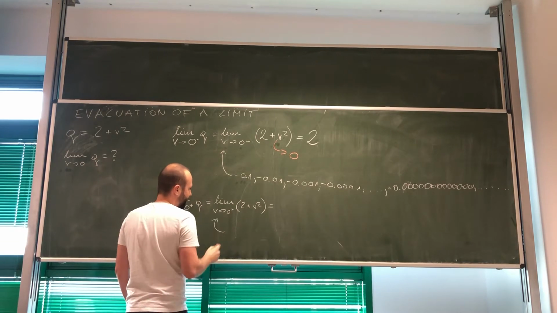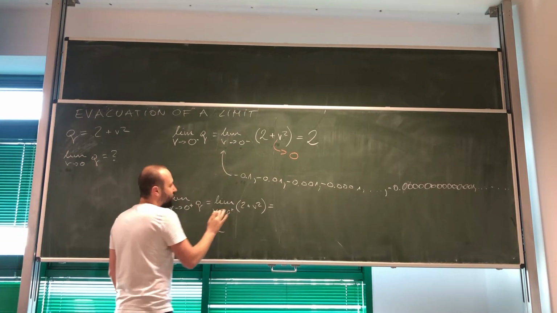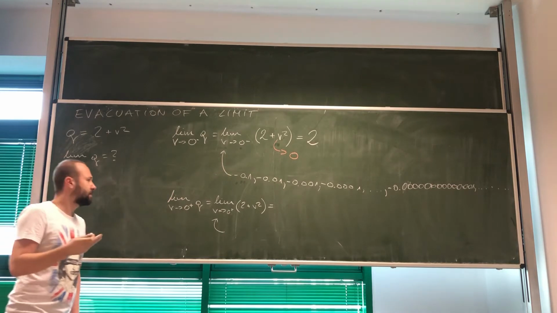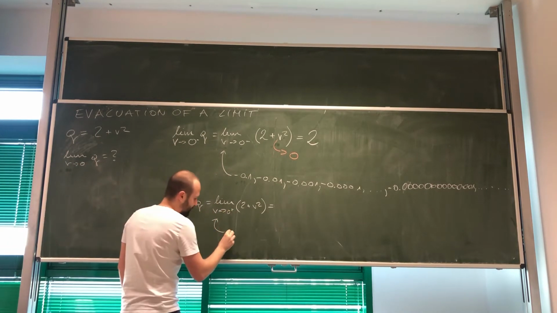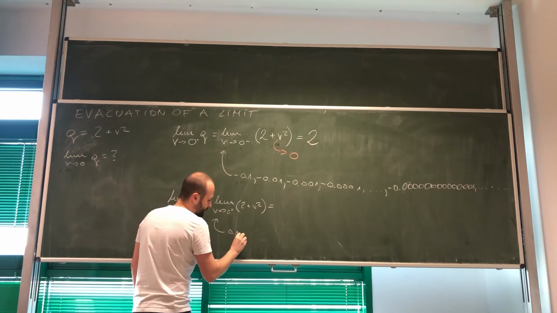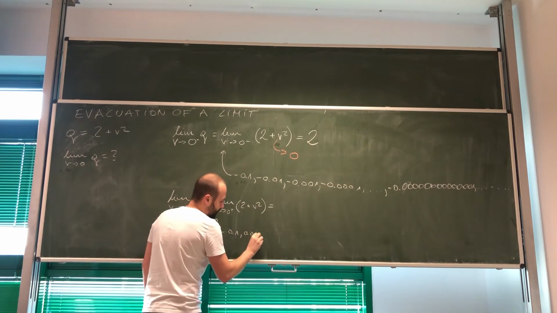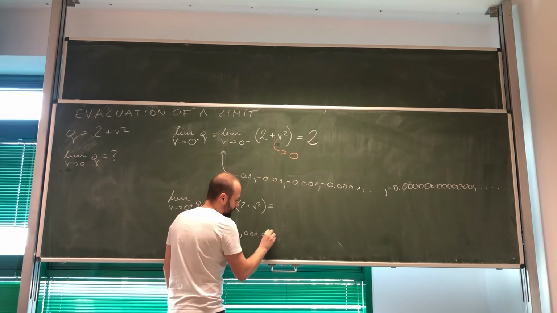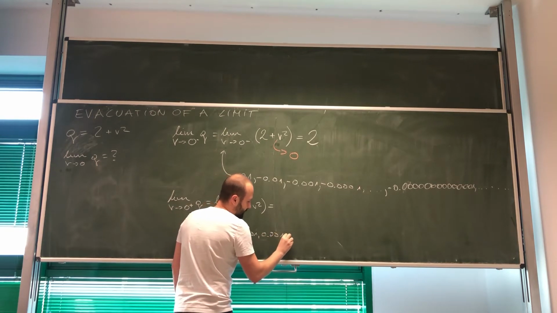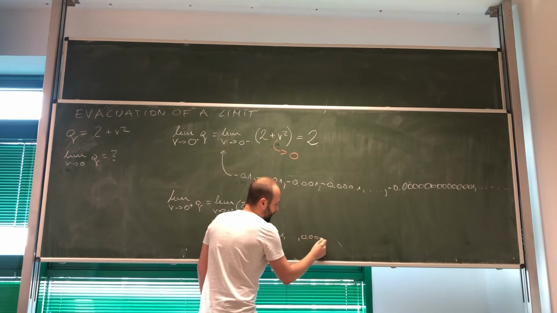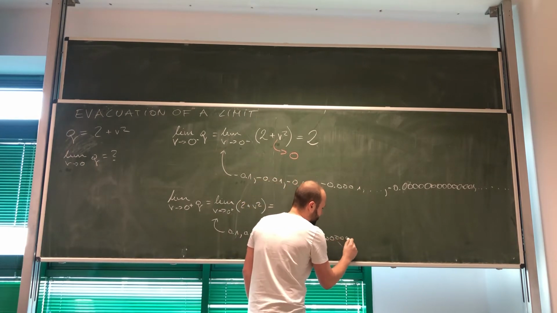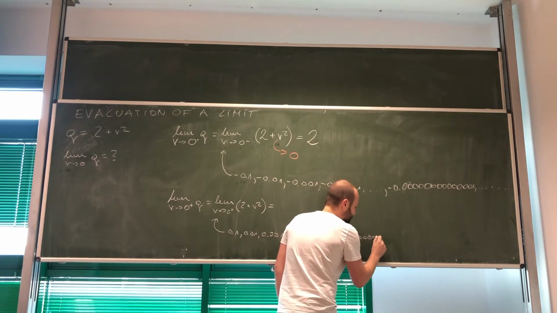We could provide a number that is close to 0, but still positive in this case, because we are going on numbers bigger than 0 now. For example, 0.1, then 0.01, then 0.001, and so on like this.